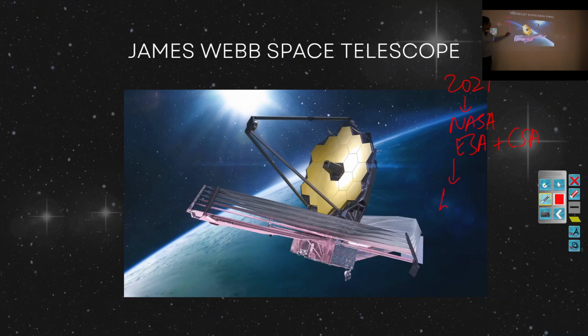And it is placed at Lagrange point L2, that is behind the earth only. This observes in the infrared wavelength. It is also used for deep sky observation.